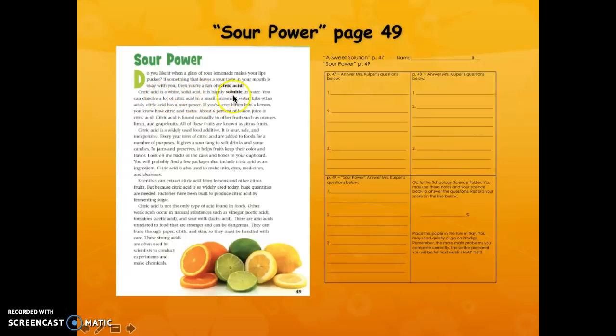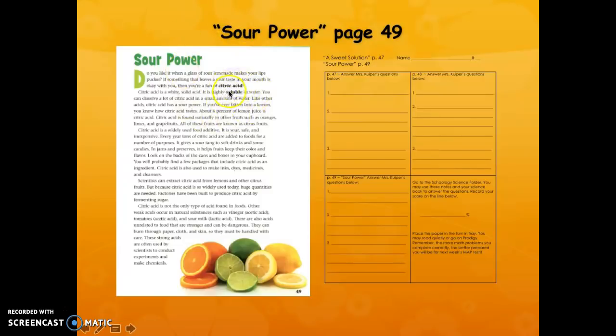It is highly soluble in water. So think back to when we dissolved the Epsom salt. Remember that we could fit more of it in, which makes it soluble. It's more soluble than the kosher salt.